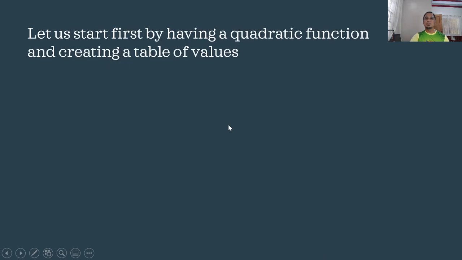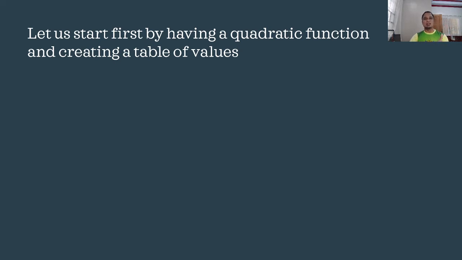Okay? Now, let us start first by having a quadratic function and creating a table of values. The reason why I'm doing this, para at least alam natin yung ine-expect nating output. So, ang kukunin muna natin, yung nakasanayan na natin, which is quadratic function, or yung table muna, table of values, ang kukuhanin.